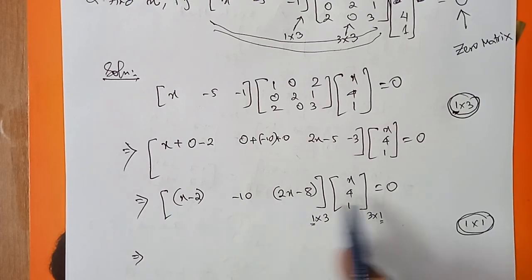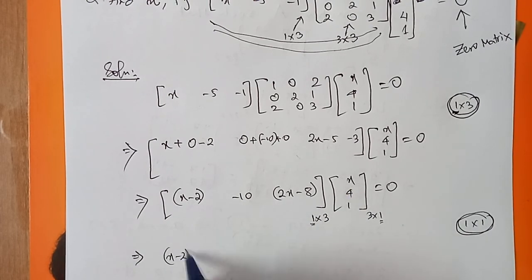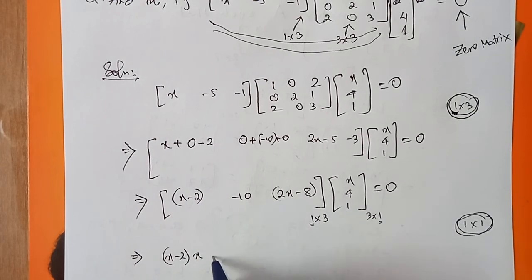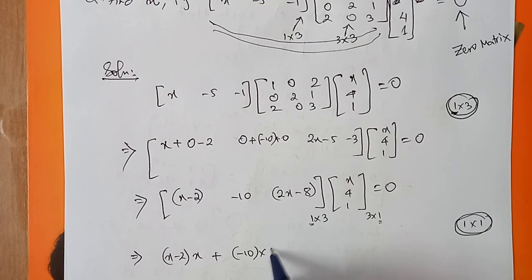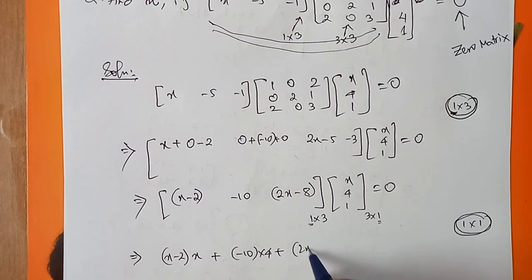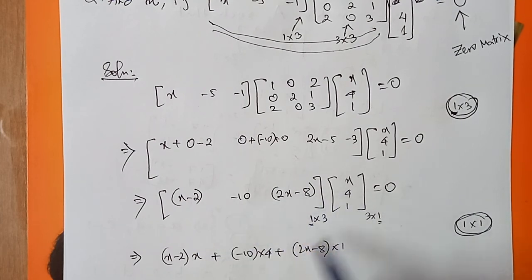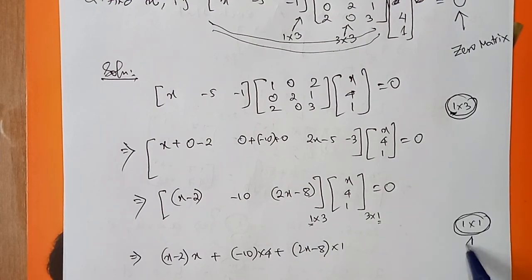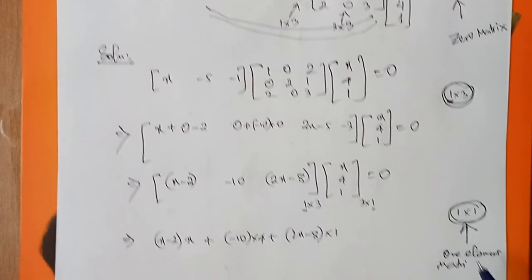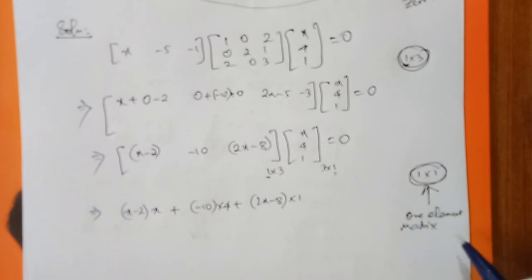The first element and first element, x minus 2 into x, plus second element and second element minus 10 into 4, plus third element and third element 2x minus 8 into 1. One row only and one column only, the product is finished. As the matrix will contain only one element, it will be a single element matrix.